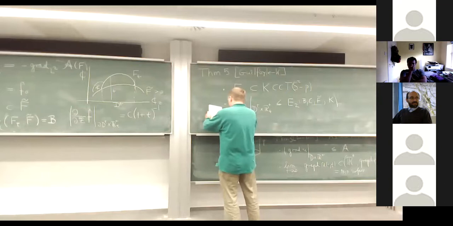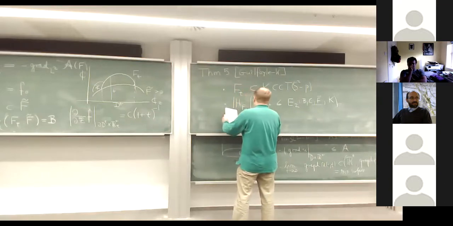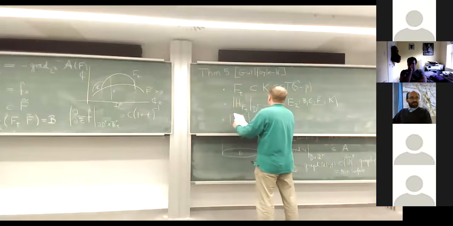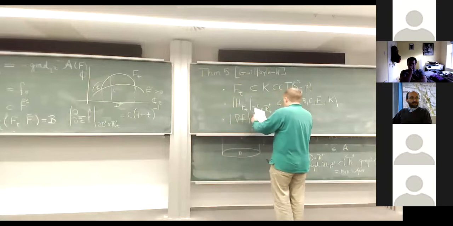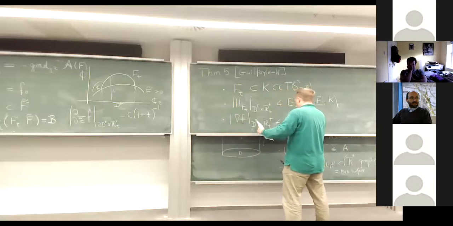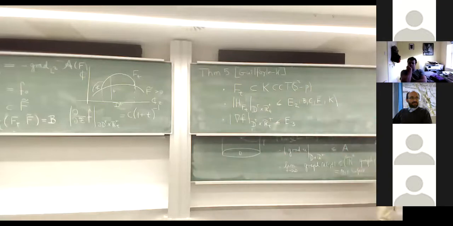Then, given this, we have the crucial one, which is that the gradient of f forever, as a graph, is bounded, depending on the previous estimates.